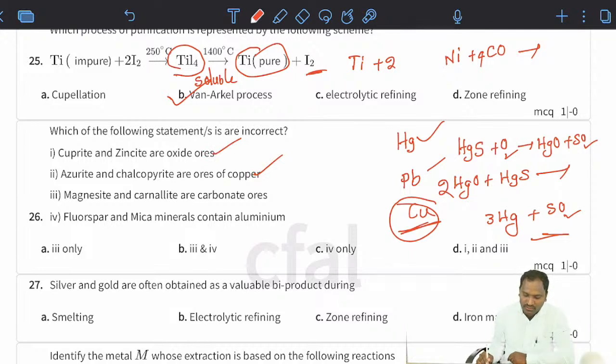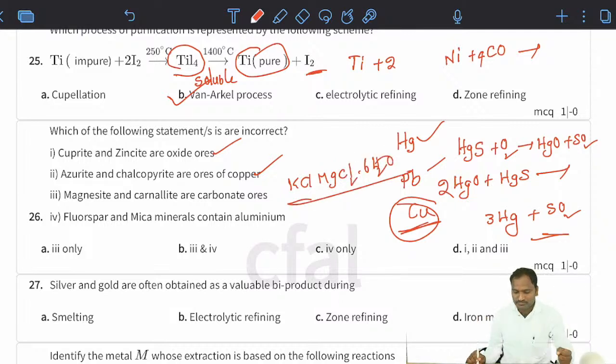Magnesite and carnallite are carbonate ores. No, magnesite is a carbonate ore only, but carnallite is KCl.MgCl2.6H2O. So it is a halide ore, not a carbonate ore. So it is an incorrect statement. Fluorspar and mica minerals contain aluminium. No, fluorspar formula is CaF2. Mica contains aluminium. So statements 3 and 4 are incorrect.